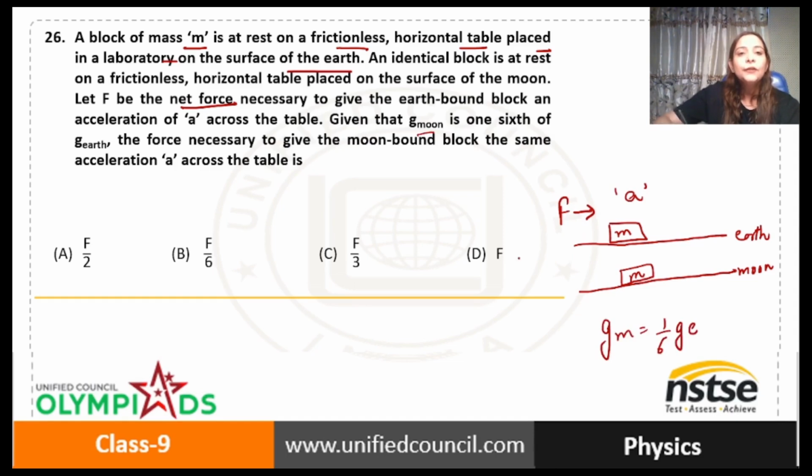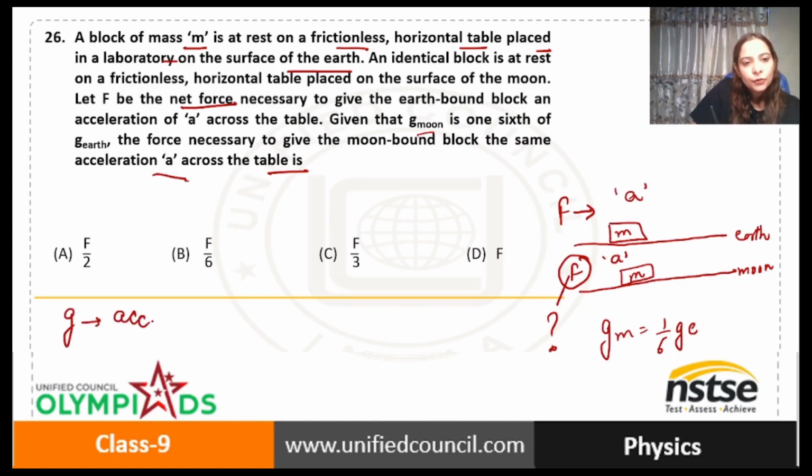So the force necessary to give the moon-bound block the same acceleration as the one on the surface of earth across the table is dash. So we need to tell how much force we have to apply to this block placed on the surface of the moon to give it the same acceleration which is given to the block placed on the surface of earth. Now let me tell you that we know g means acceleration due to gravity.